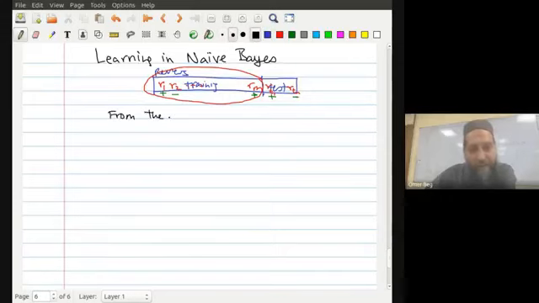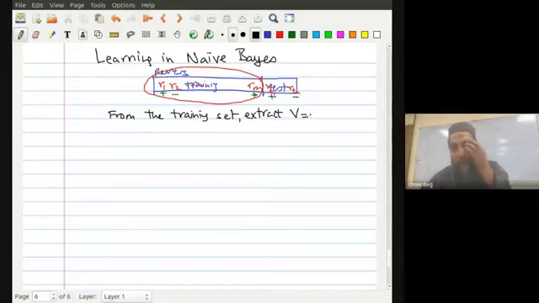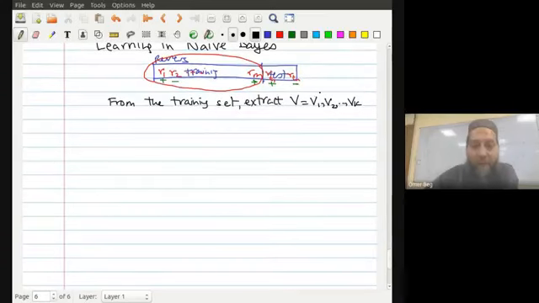From the training set, we extract the vocabulary V. And this vocabulary would be the combination of vocabulary from all the classes, let's say V1, V2, all the way to V of K. So these are for different classes. They may not only be positive, negative, neutral, and there may be other classes as well.